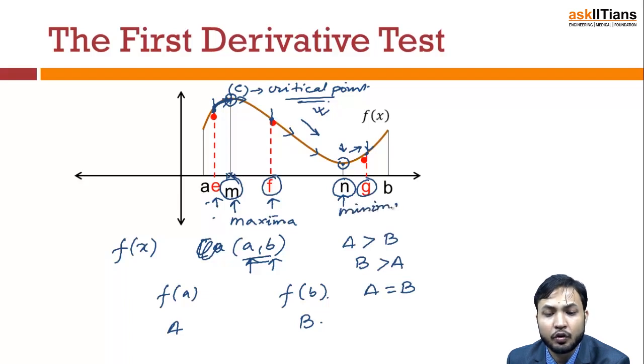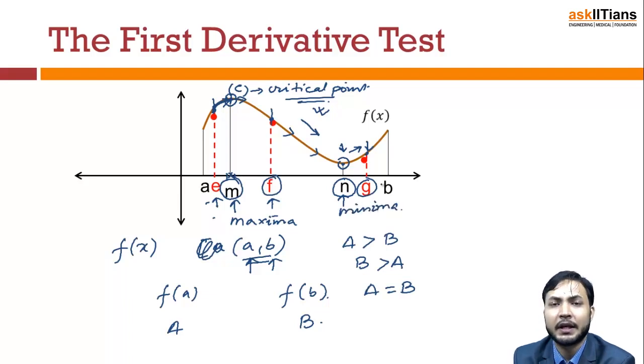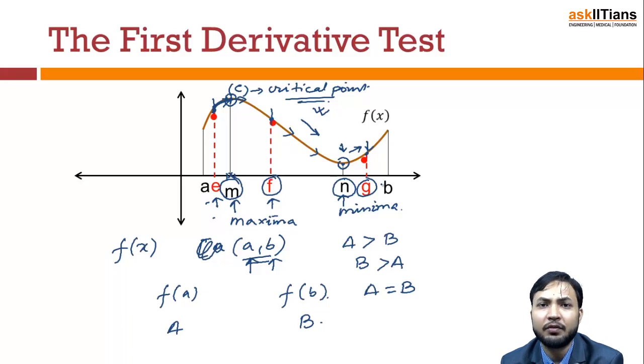So when a function changes from positive to negative, that is the point of maxima, and the point at which the value changes from negative to positive becomes a minimum.